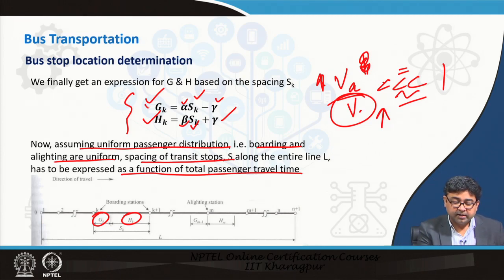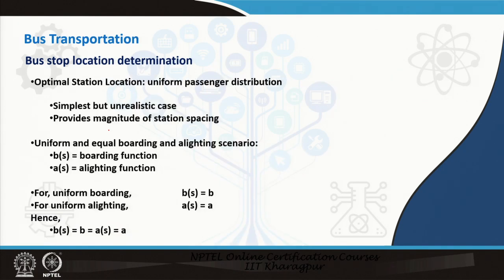That is the objective, and hence we want to know how to space the stations. Now we know the passenger shed lines in terms of spacing. Now we want to know the spacing in terms of minimizing the passenger travel time. So, again, we are assuming uniform passenger distribution. That is a very unrealistic assumption to make, because you will never have uniform passenger distribution throughout your transit line, right. You will not have the same number of people boarding and alighting at every stop.